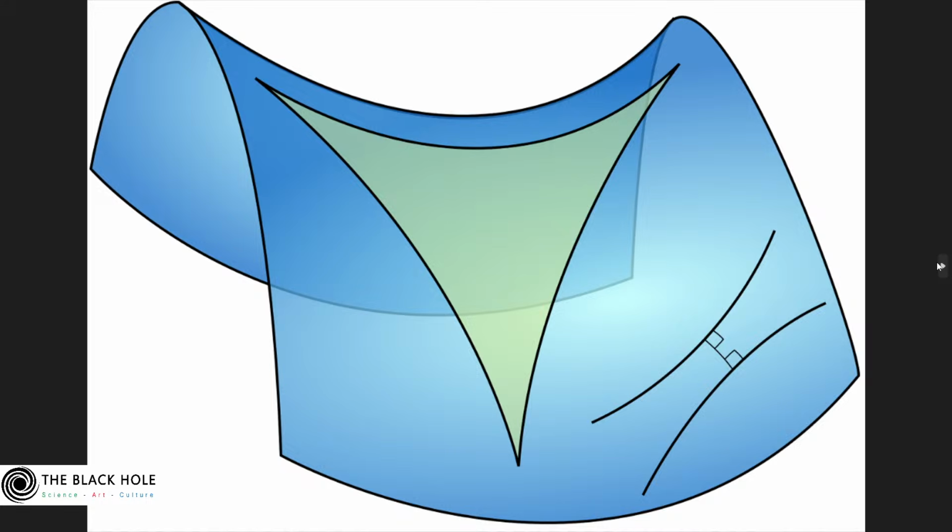Parallel lines are diverging, and this is what they call a horse saddle, and it's an inflection point. There is an inflection point over there, right at the center. Next.